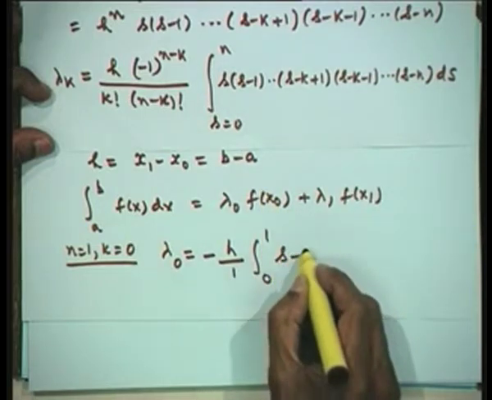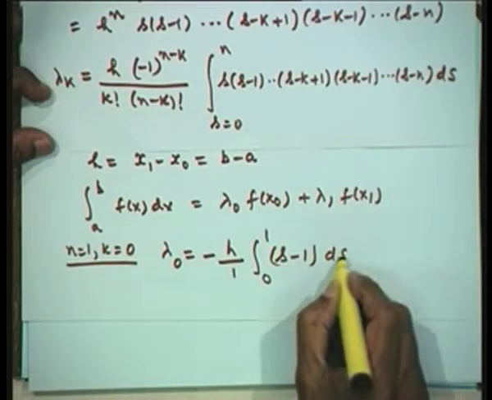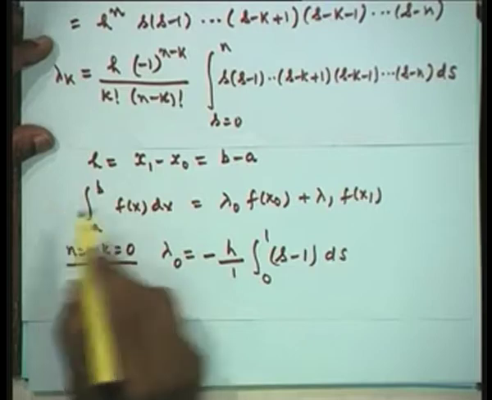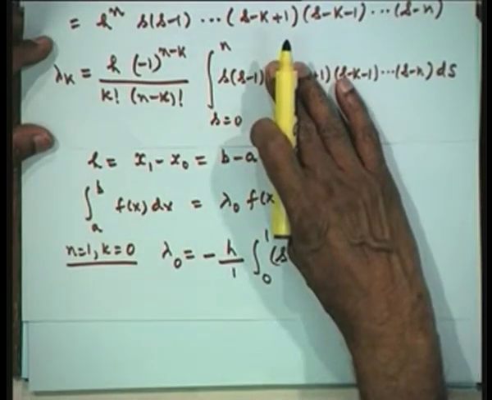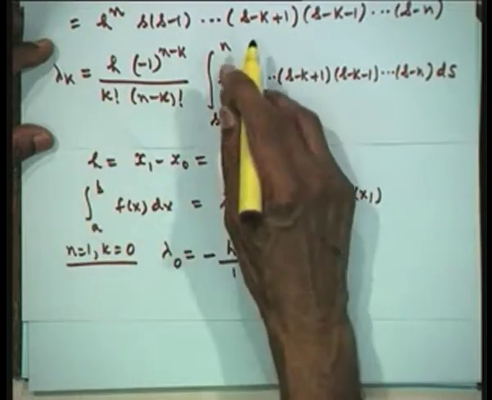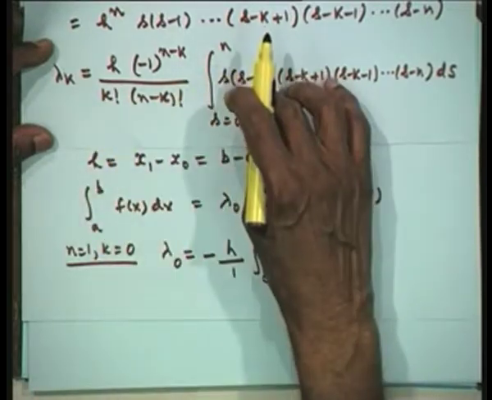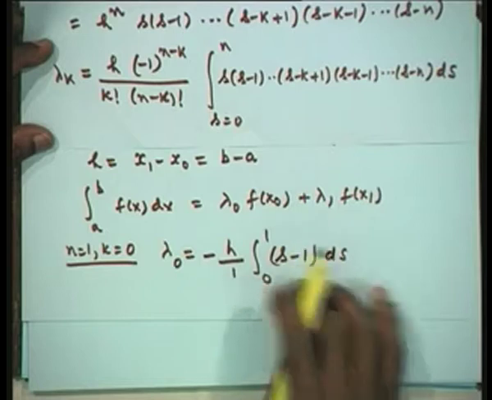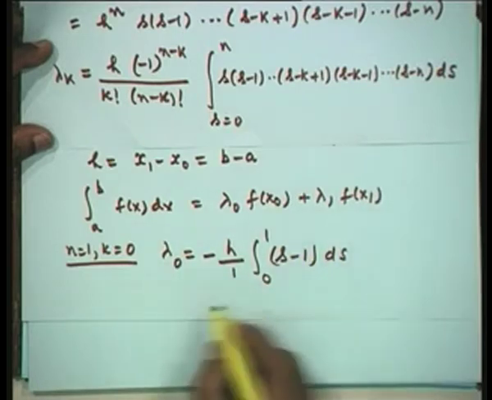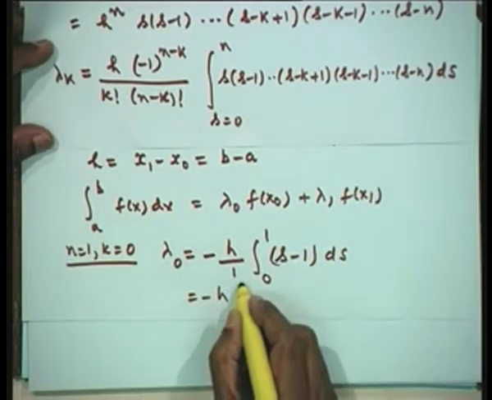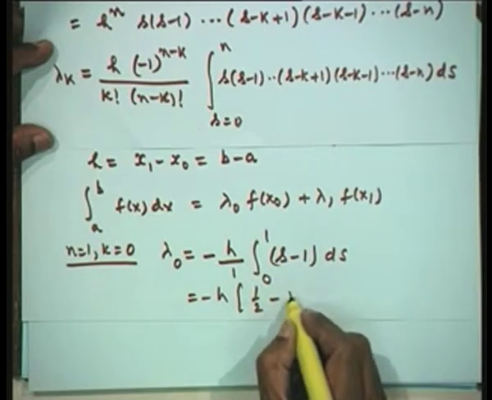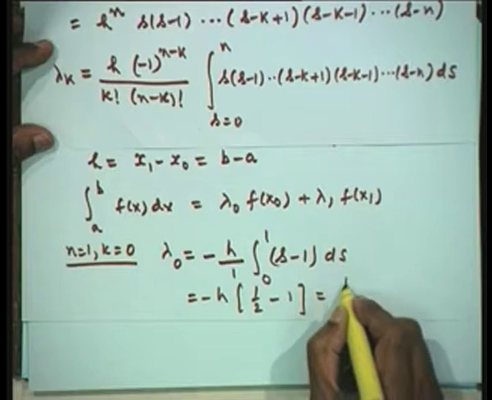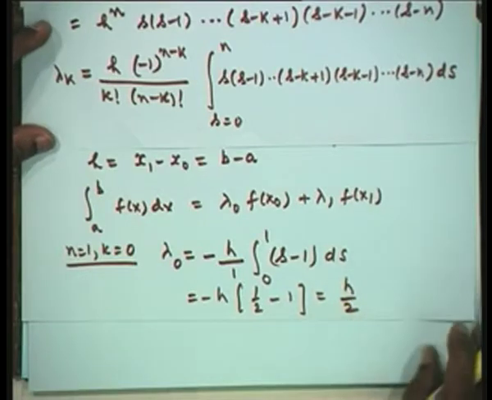So, I will simply have s minus 1 ds. Since we have taken only n is equal to 1, we will have to consider only 2 terms of this. So, of this, for lambda_0 s will be missing, for lambda_1 s minus 1 will be missing. So, s is missing, so I will have simply this. Now, I can integrate this and write this, minus h, s square by 2, that is half, minus s, that is 1. So, that is equal to h upon 2.